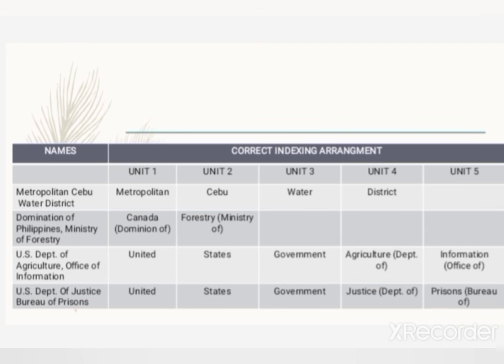When indexing government names, it is filed first with the name of the government followed by the department. So, for example, Metropolitan Cebu Water District. The name of the government is Metropolitan Cebu, and this is the correct indexing arrangement of government names.